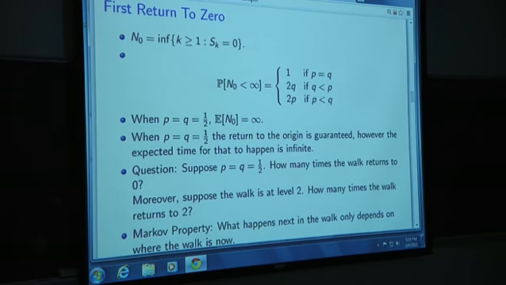Let me discuss one that will play a role later in another concept that I want to introduce, which is the first return to 0, the first time after I start my walk at 0 that I hit 0 again.